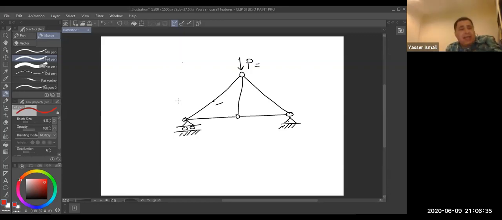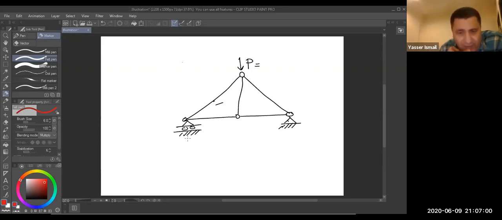First, let us see, is this truss stable or not stable? We have to define first, is this truss stable or not stable? Okay, let us see. I'm not talking about statically determinate or statically indeterminate. First of all, this is statically determinate. Why statically determinate?